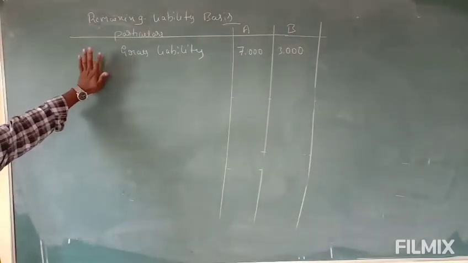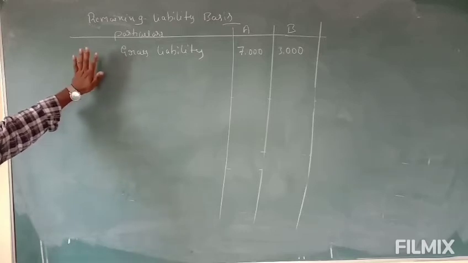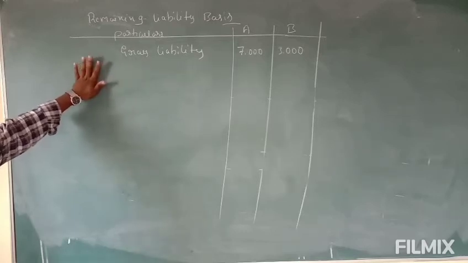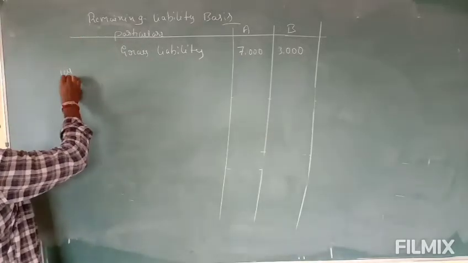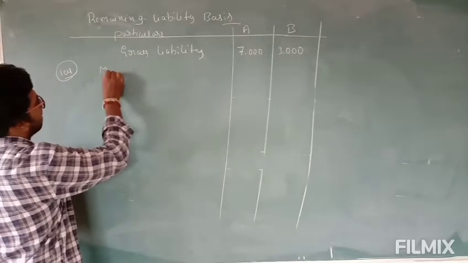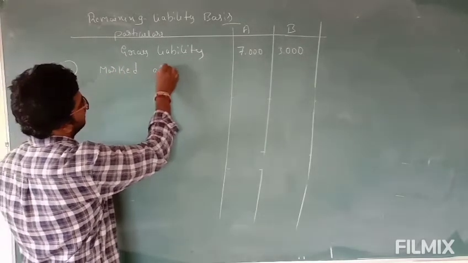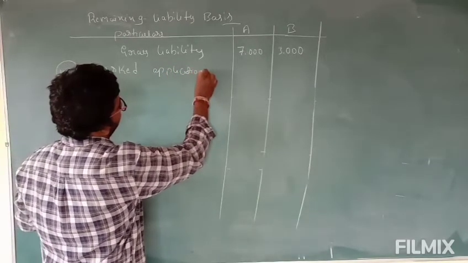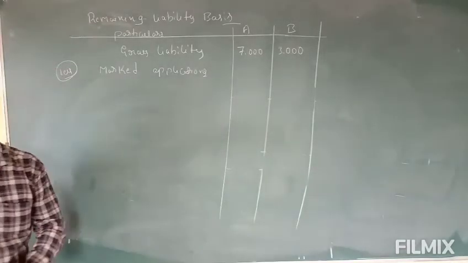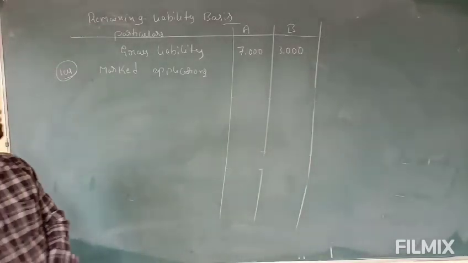In the usual format, we take unmarked applications, and it continues the same for a regular gross liability basis. For remaining liability basis, the first step is to take less marked applications. Another number of marked applications is given in the question. So A 5,000, B 2,000.